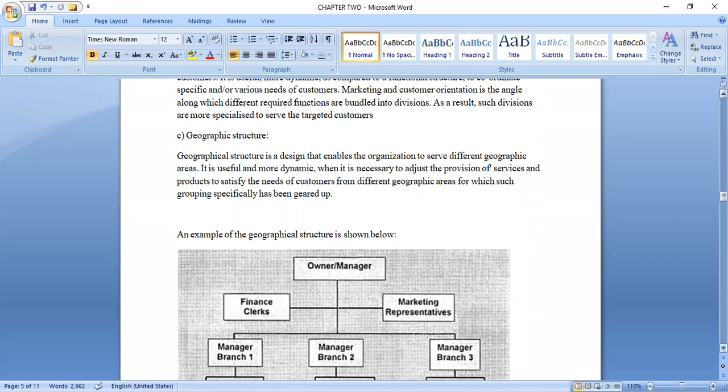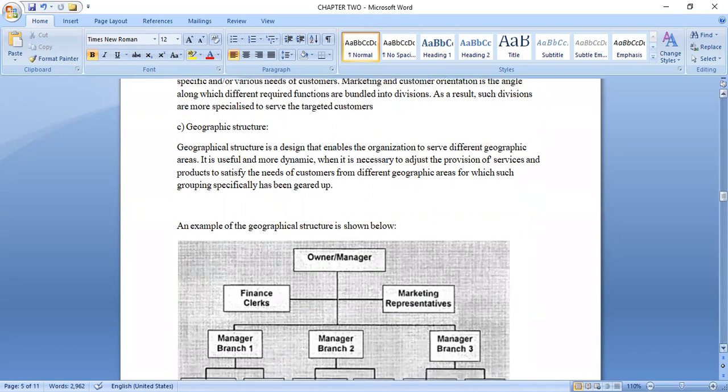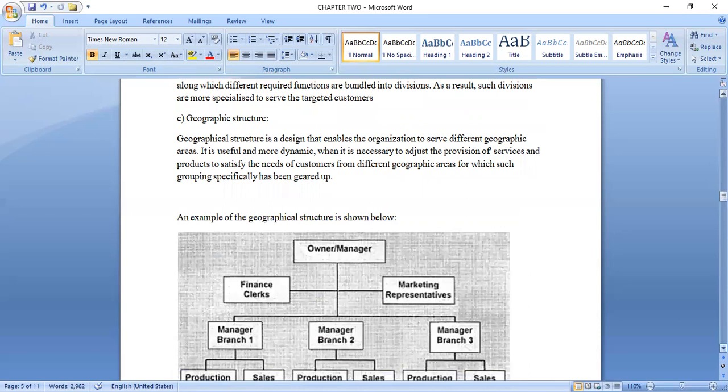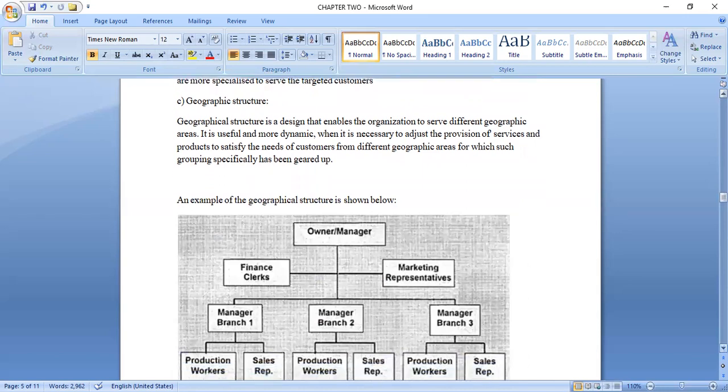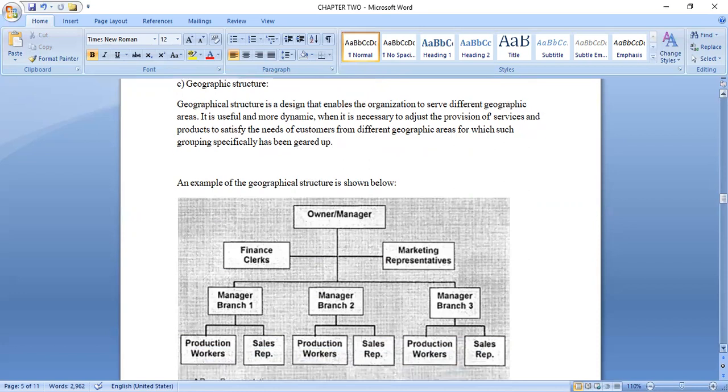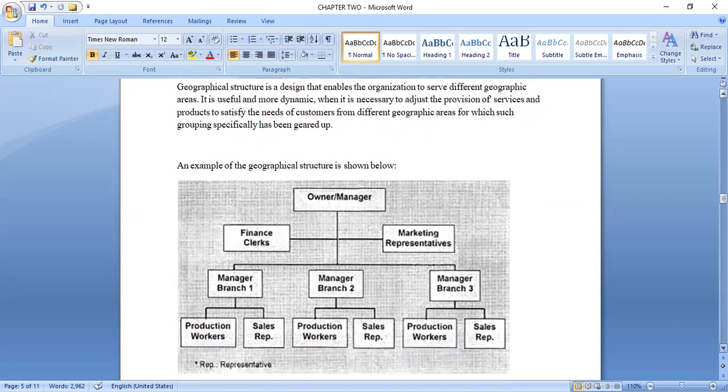This is where you find an organization having different branches in different areas, different locations, maybe within the same country, right? So maybe it could be a bank, but this bank has different branches, and each branch has a bank manager or a branch manager.